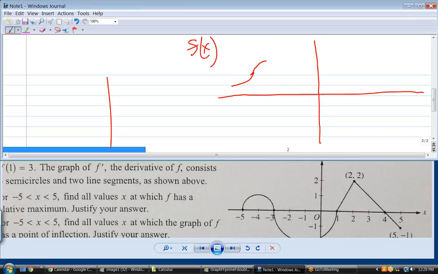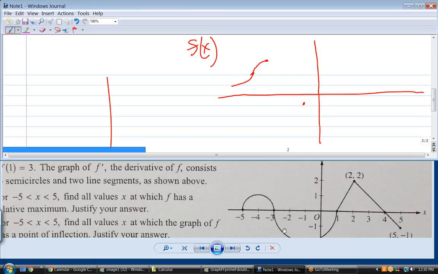Okay? Then we have a local maximum at -3, and then the first derivative becomes negative from -3 to 1. Therefore, the original function has to be decreasing, and there is an inflection point at -1. And so from -3 to 1, we're decreasing.